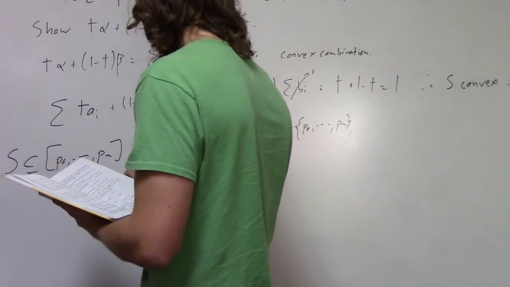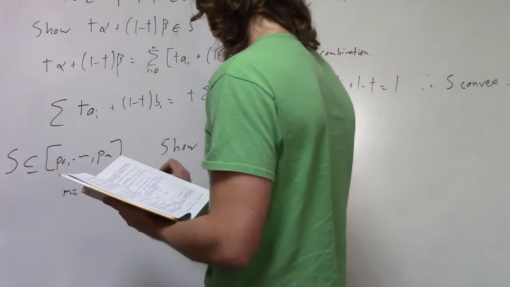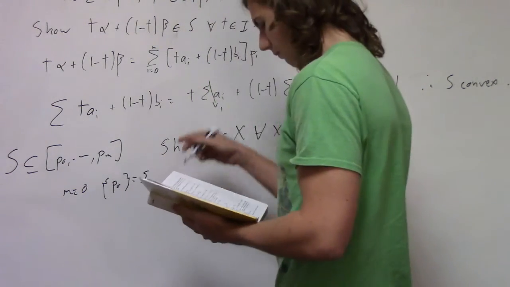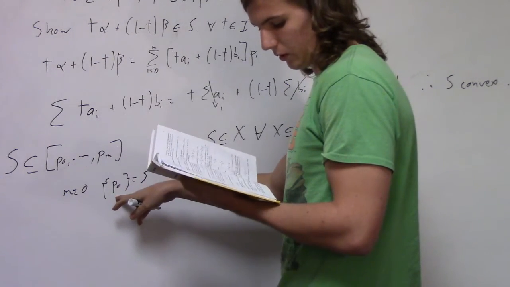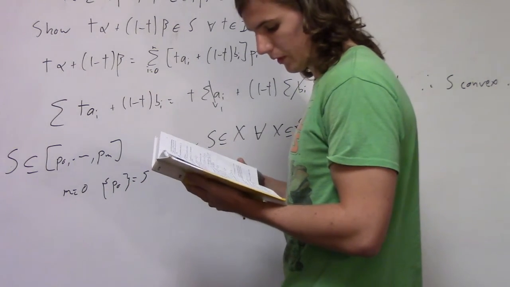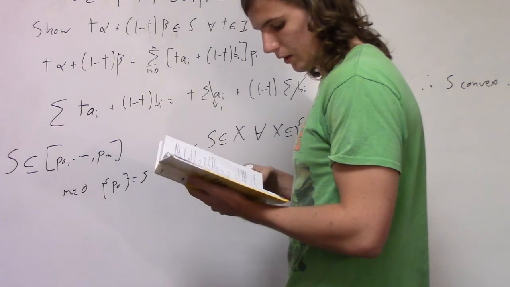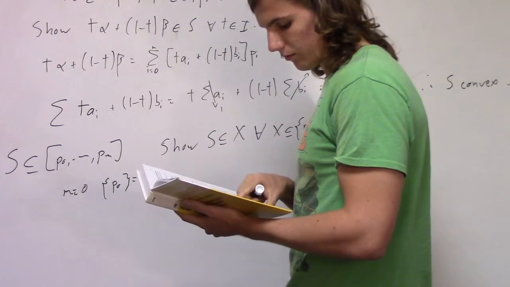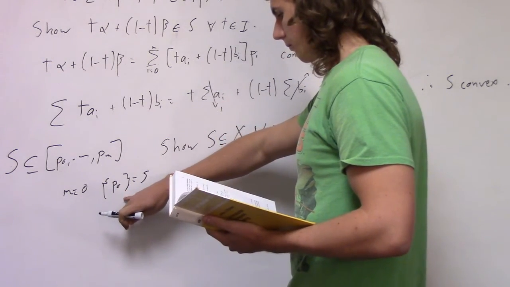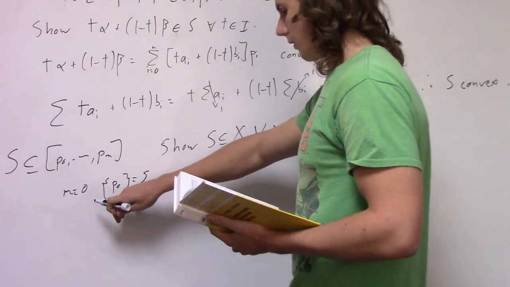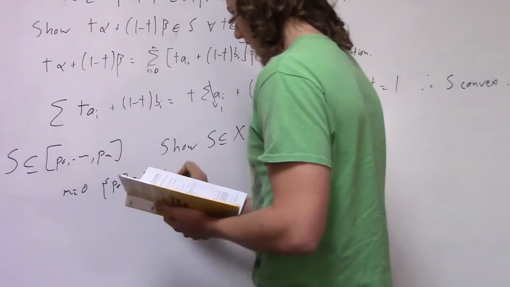It's just 1 point, which is going to be equal to S, because any convex combination of P naught is just 1 times P naught. And we already said that the set of 1 point is convex, so we're good with that.